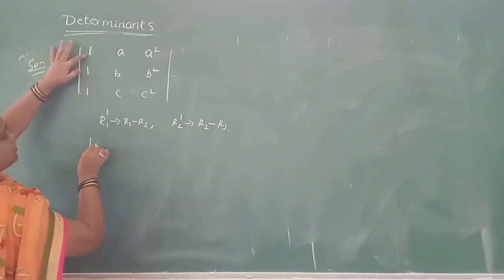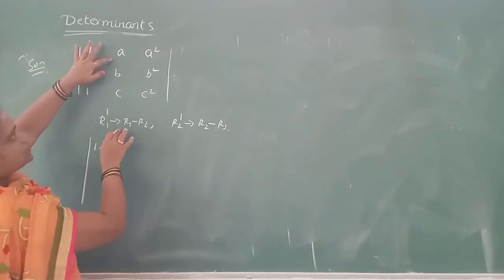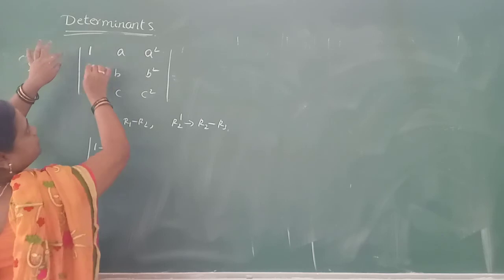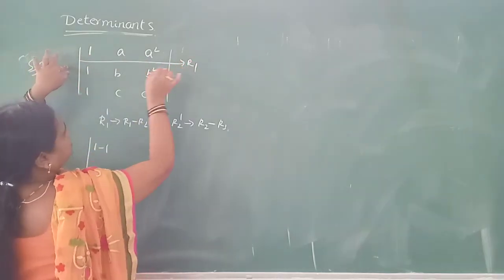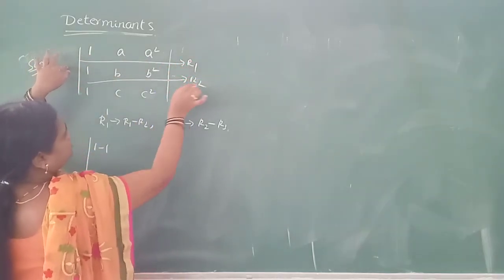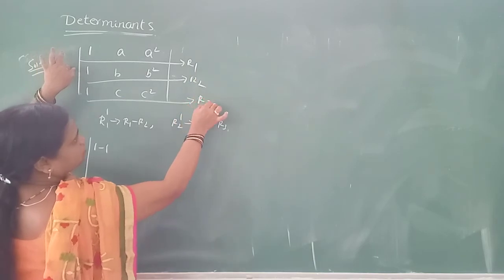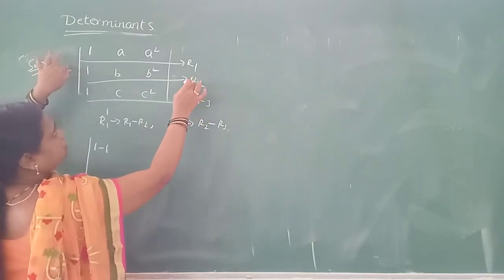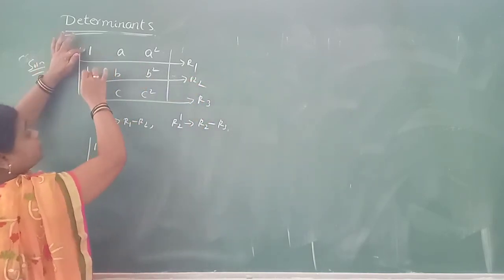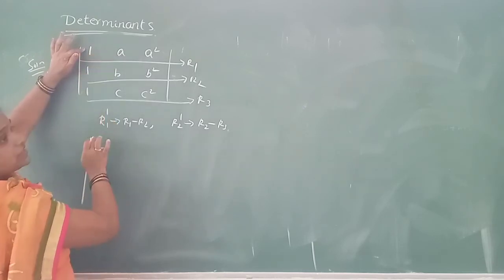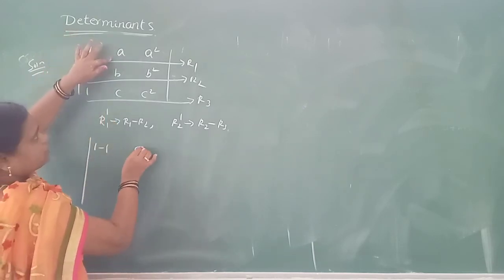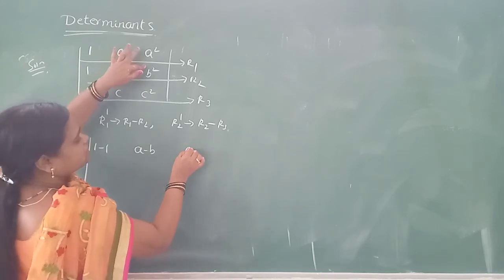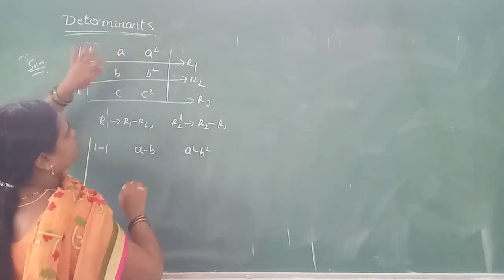First row changes means 1 minus 1. R1 to R1 minus R2. This is the first row, this is the second row, this is the third. R1 changes: A minus B, and A square minus B square.